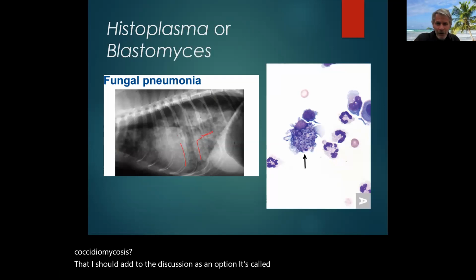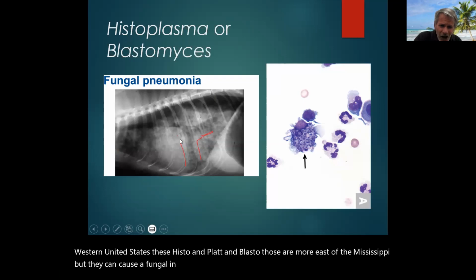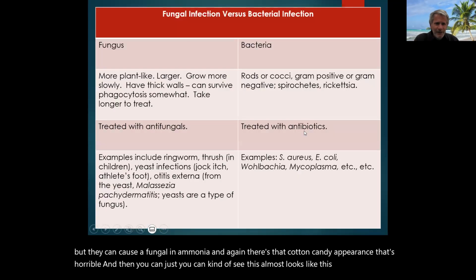We have that out in the western United States. These histo and blasto, those are more east of the Mississippi, but they can cause a fungal pneumonia. And again, there's that cotton candy appearance. That's horrible. And then you can see this, it almost looks like a weird cluster, like a raspberry.